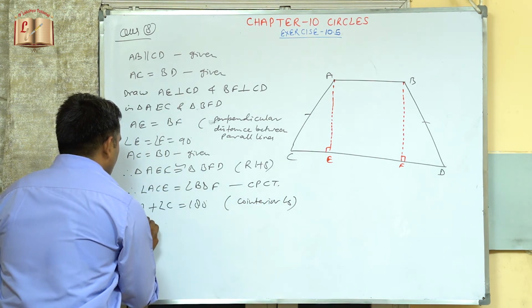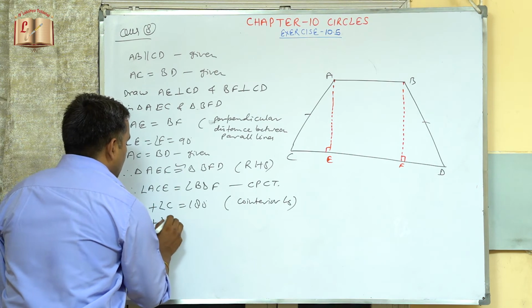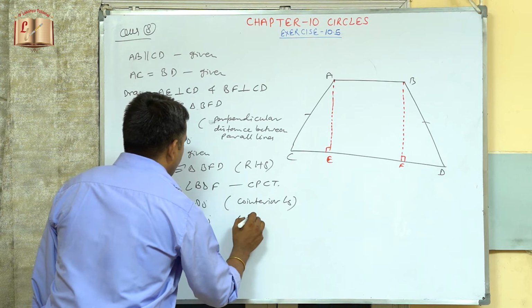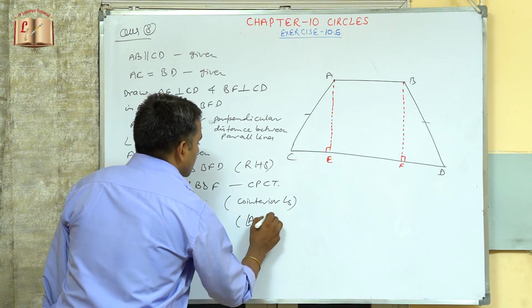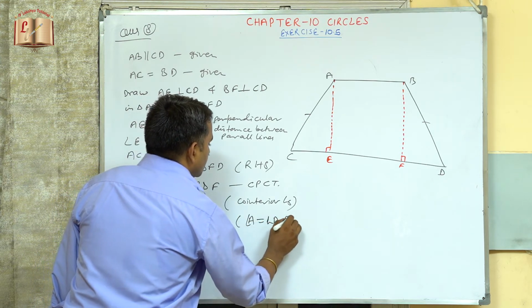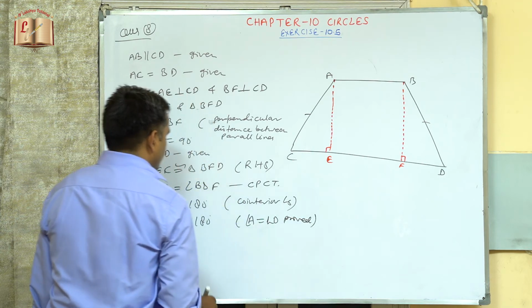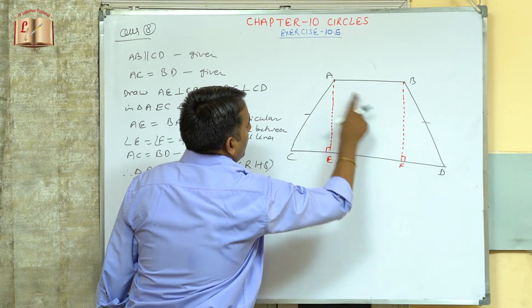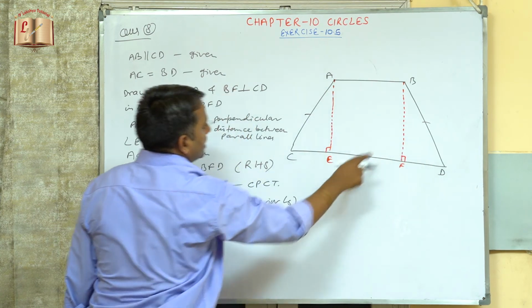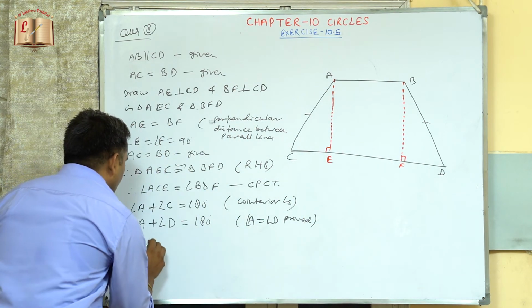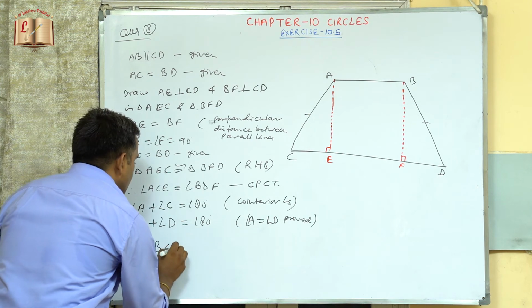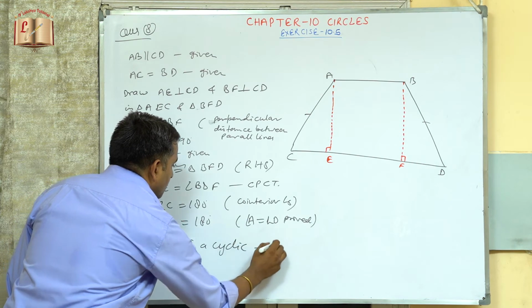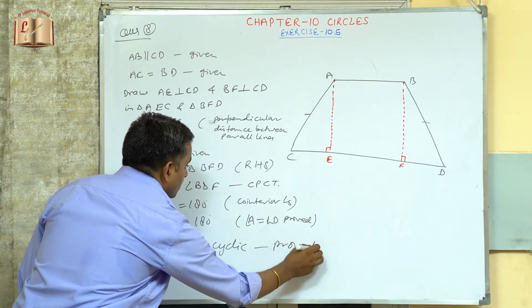So therefore angle A plus angle D will be equal to 180 degrees because angle A is equal to angle D. This is already proved. So once the sum of opposite angles is 180 degrees, therefore it is cyclic. Therefore I can say ABCD is cyclic. So this is now proved.